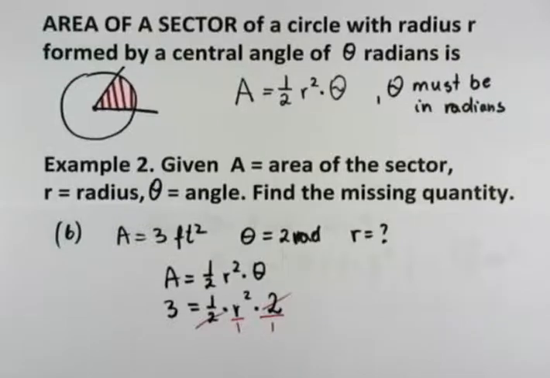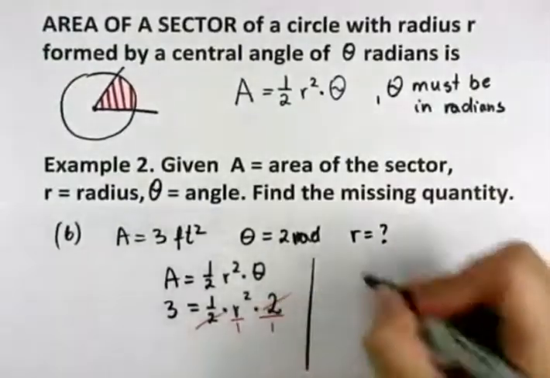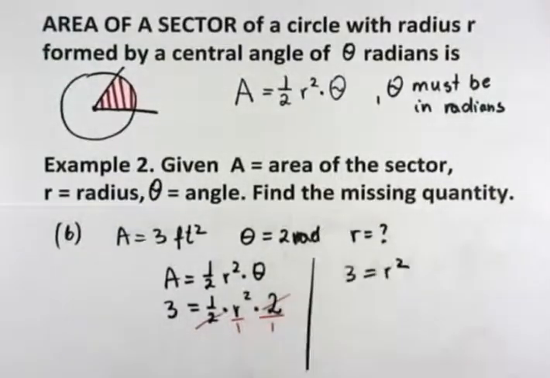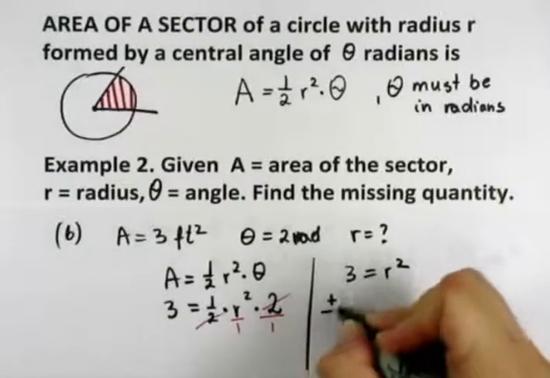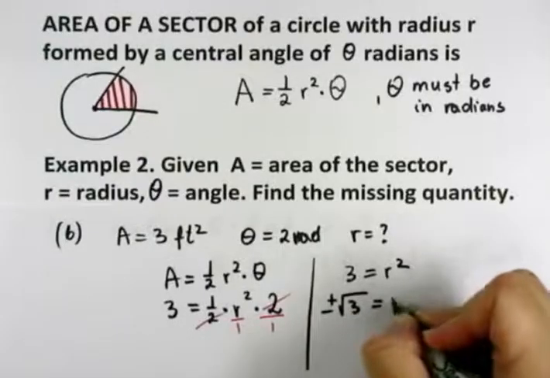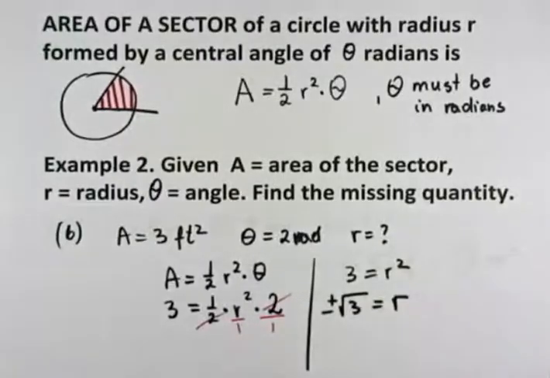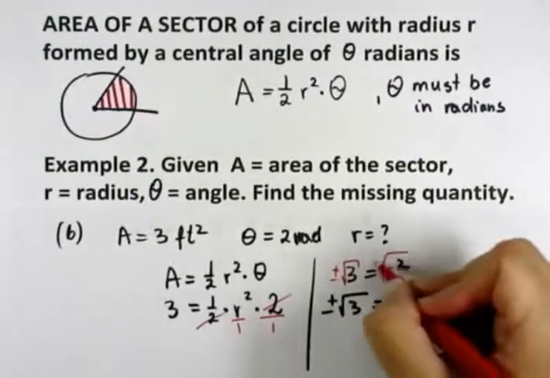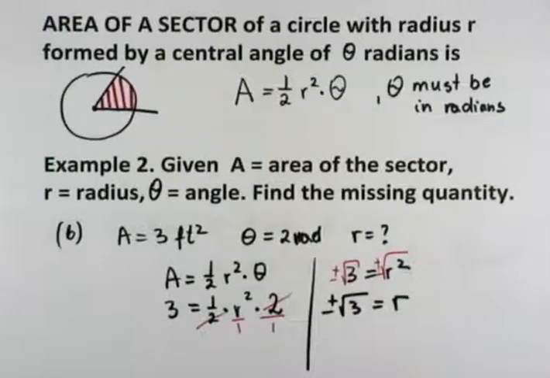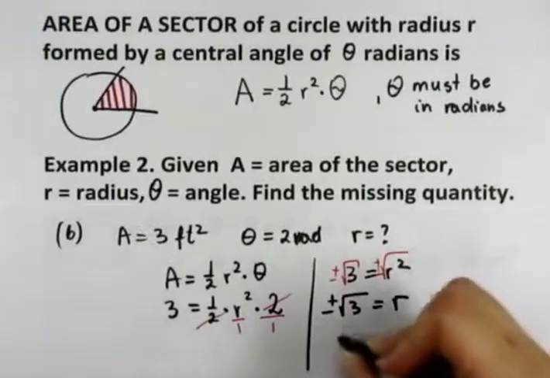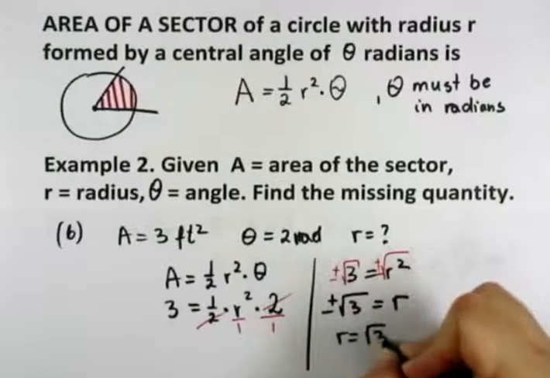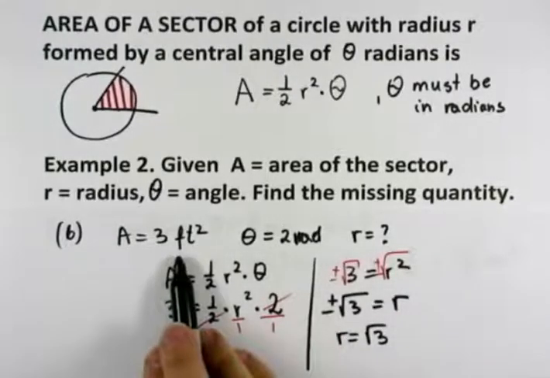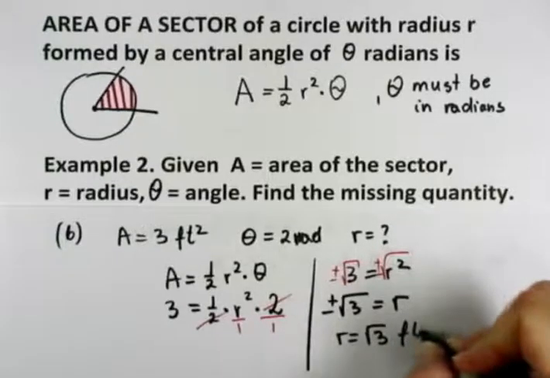So I'm getting that 3 is equal to radius squared. Take the square root. Whenever you take square root, put plus or minus, is equal to r. If you take square root of both sides, right? You can do plus or minus square root. Okay. So since radius is the length, it must be positive. So radius is square root of 3, and the unit is the same, feet.